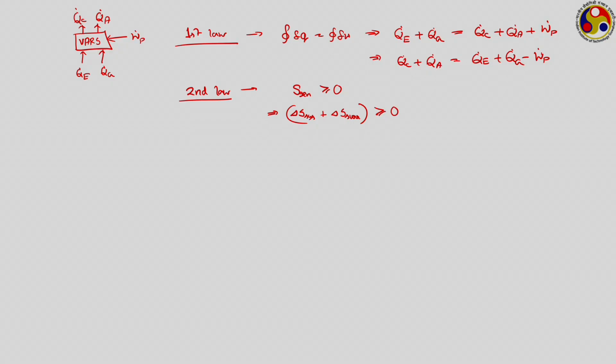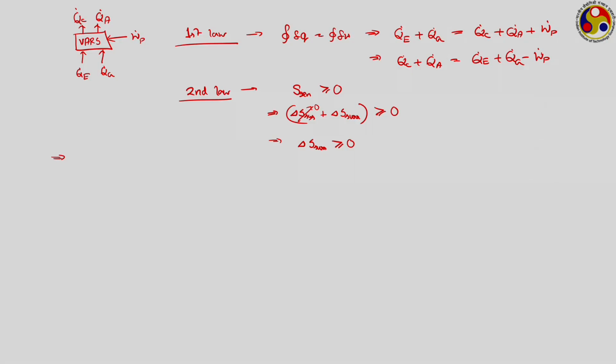Here the system is working over a cycle, and for any cyclic process the change in entropy is equal to 0, because the system keeps coming back to the same point. So, delta S system is 0. For this process to be realistic, the total change in entropy for the surrounding has to be greater than or equal to 0. If it is a reversible process, the surrounding will be restored, so its change in entropy will also be 0, but for an irreversible process the entropy of the surrounding will increase.